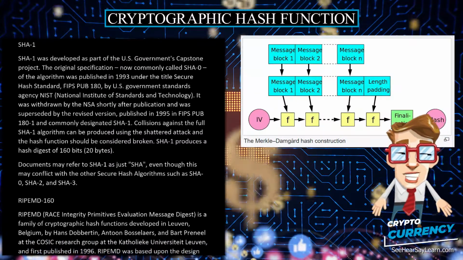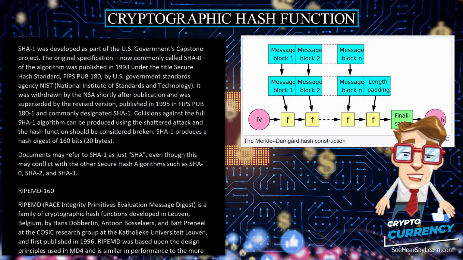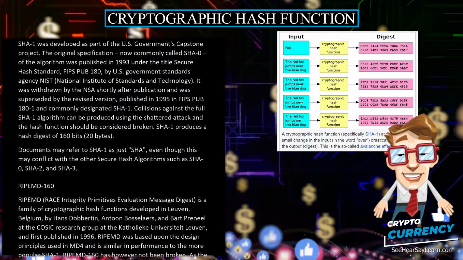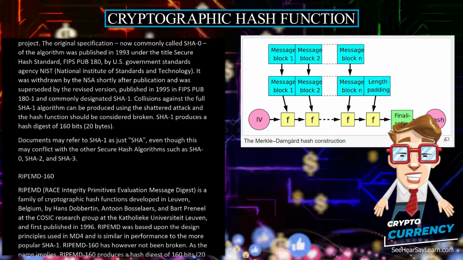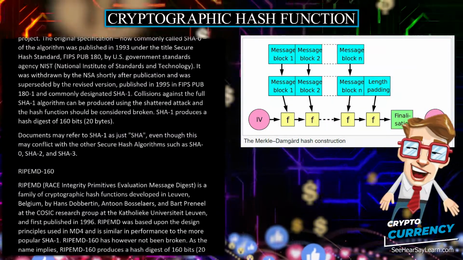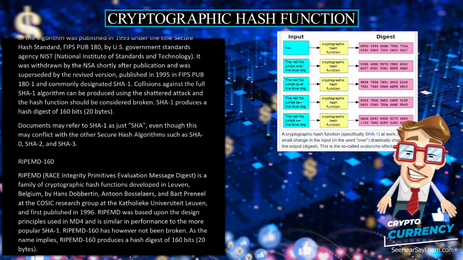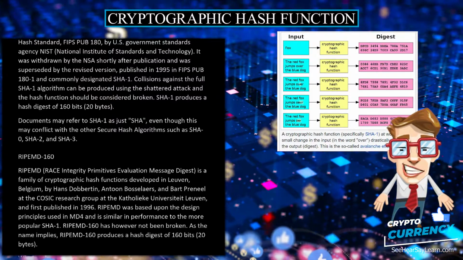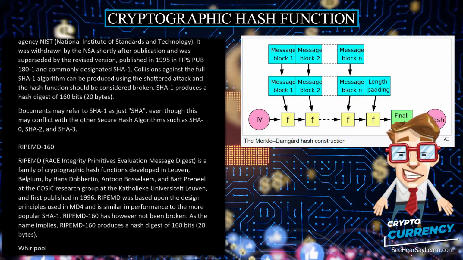SHA-2. SHA-2, Secure Hash Algorithm 2, is a set of cryptographic hash functions designed by the United States National Security Agency, NSA, first published in 2001. They are built using the Merkle-Damgard structure, from a one-way compression function itself built using the Davies-Meyer structure from a classified, specialized block cipher.